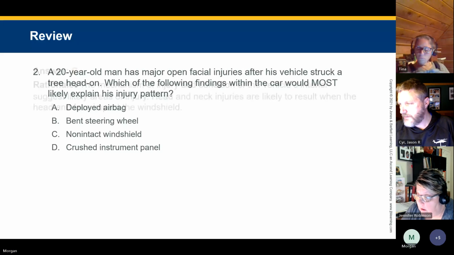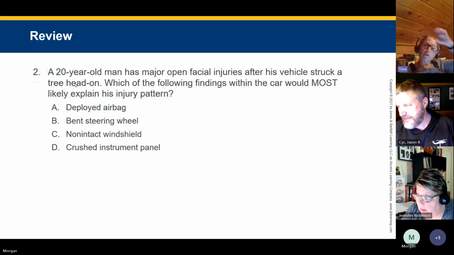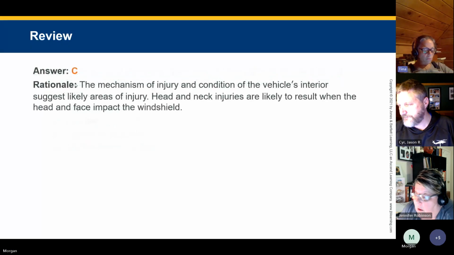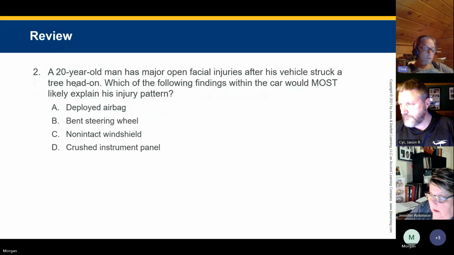Wouldn't it be C? I thought it was a trick question. I'm thinking C because they talked about that. If he hit his face on the windshield, yeah. And they talked about the steering wheel being the chest and abdomen impact.